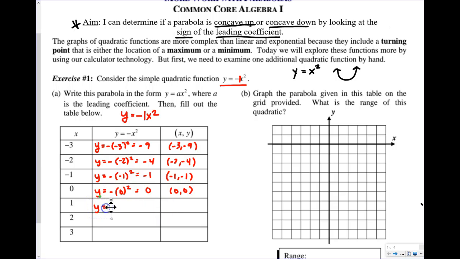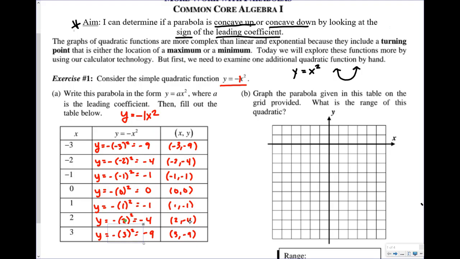Now we're getting to positive values. What's going to end up happening, though, is these are still going to become negative because we have that negative in front for a, so I'm still going to have that negative y value. Negative 2 squared is negative 4, so I have 2, negative 4, and finally I have a 3, and it's negative 3 squared, so I get negative 9. Notice the repeating numbers pattern, negative 9, negative 4, negative 1, 0, and then it repeats, negative 1, negative 4, negative 9. That's always going to happen with quadratics. You'll have that repeating pattern.